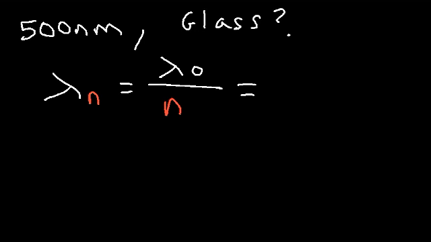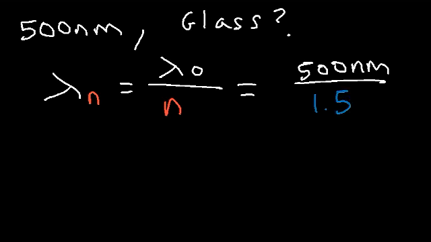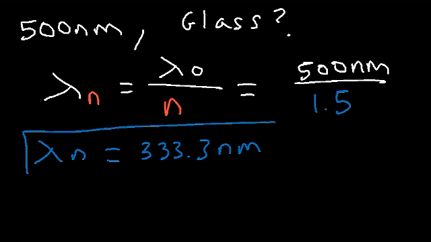So the wavelength of this light is naturally 500 nanometers, but we want to find the wavelength in glass. The index of refraction of glass is about 1.5. So 500 divided by 1.5 is about 333.3 nanometers. So this is the wavelength inside of glass.